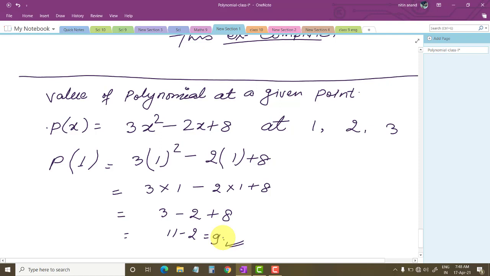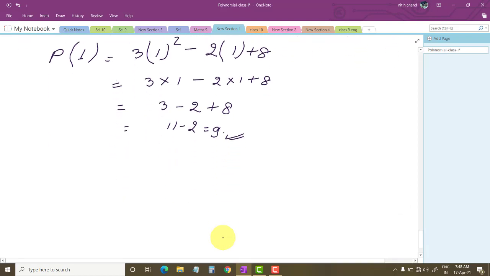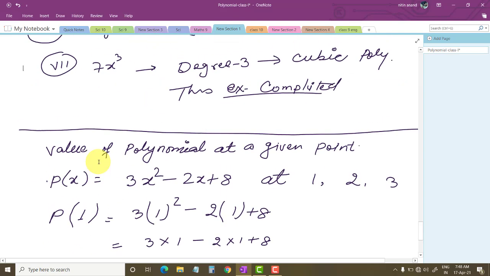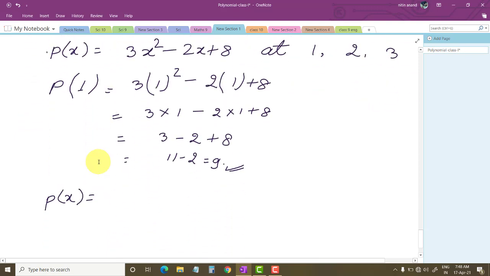Now see, we discuss the value of polynomial at the point 2. Firstly we write our polynomial: p(x) is equal to 3x square minus 2x plus 8.